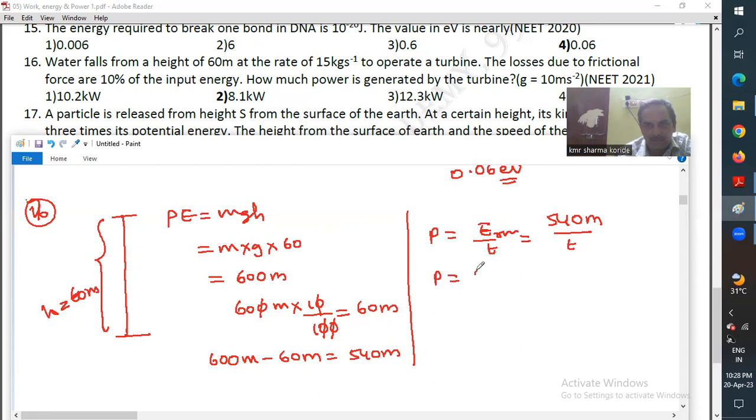So P is equal to 540 into 15. Multiplying gives 8100 watt, or 8.1 into 10 to the power of 3 watts. This can also be written in kilowatts. So the second option is correct.